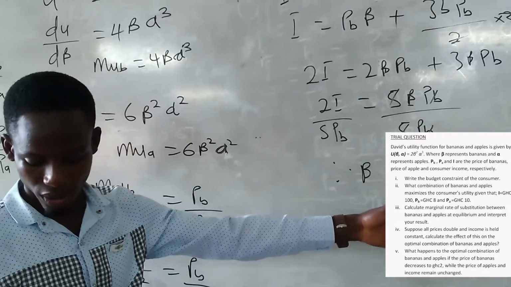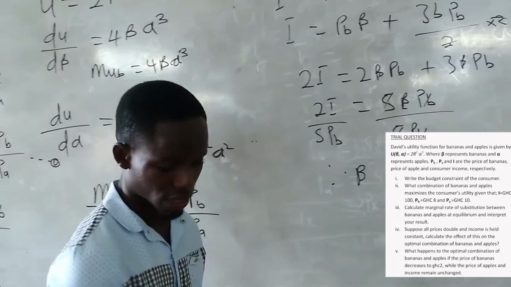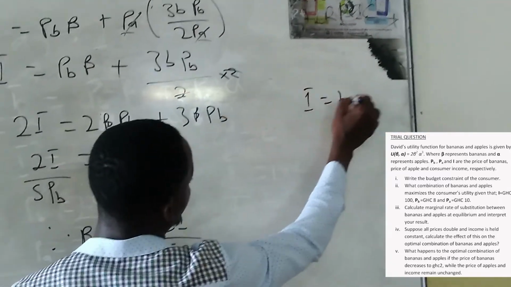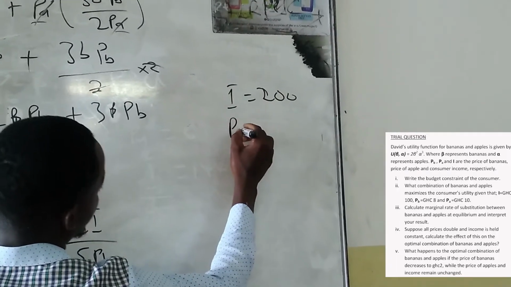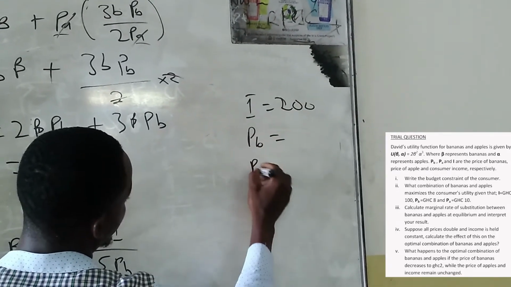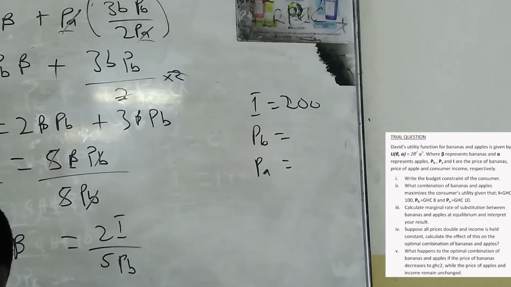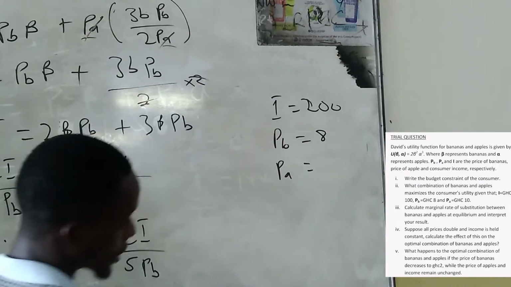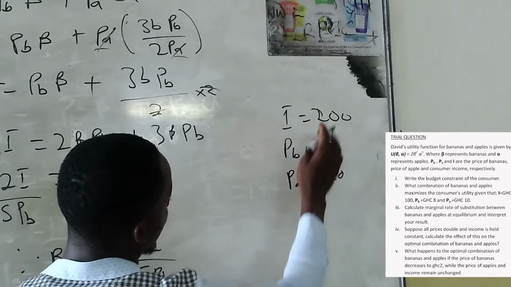Now you might be confused that we have small letter beta here and capital letter beta here. It's the same thing. Here they are the same. So I have income equals 5 beta price of beta.